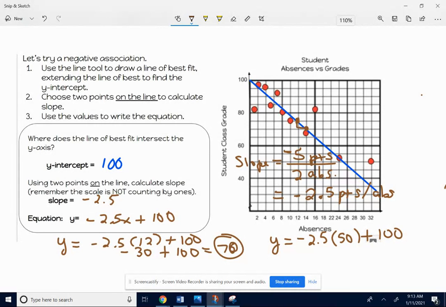We get negative 125. Negative 125 plus 100 is negative 25. So at 50 absences, you really don't get a real good answer, except to know that you're probably not going to do very well. By the information we have, it's saying you'd have a 0%. Of course you can't have less than 0%, but you still get a negative 25 there.